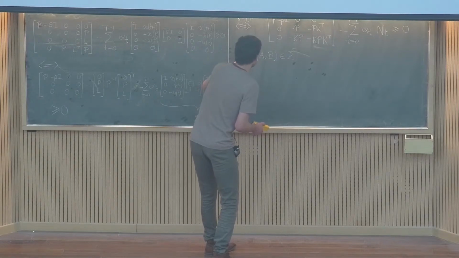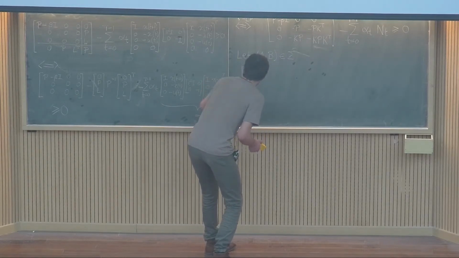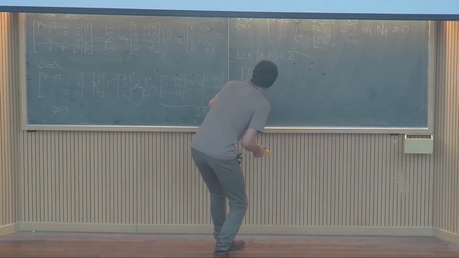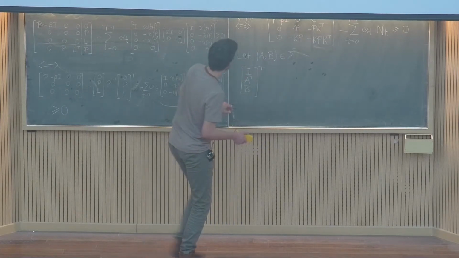So I do this, identity A transpose B transpose, and the transpose of this matrix.